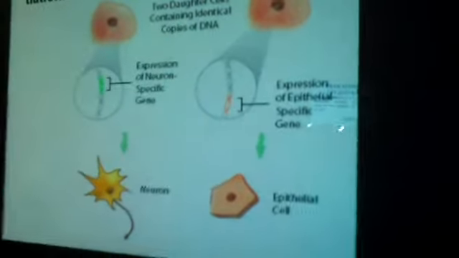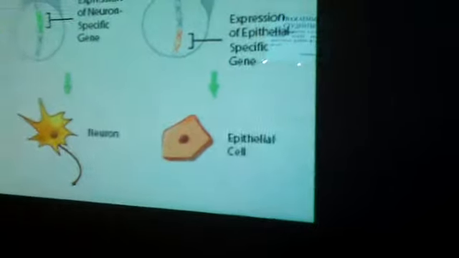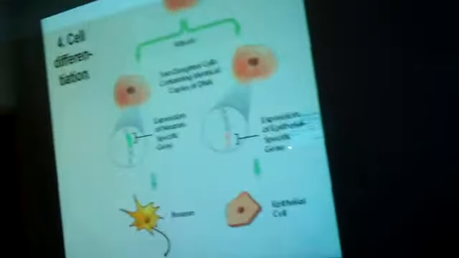This is the basis of differentiation, different expression of genes. So neuron-specific genes in a neuron, and epithelial-specific genes in epithelial cells, they will be different.